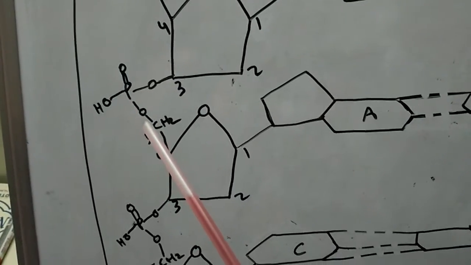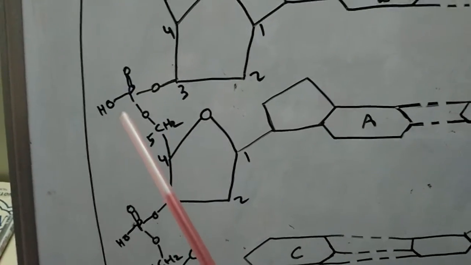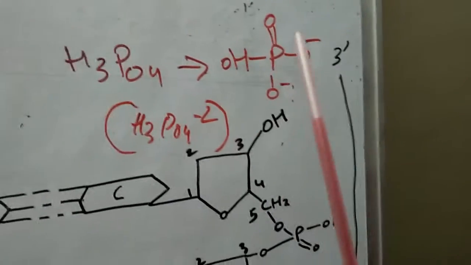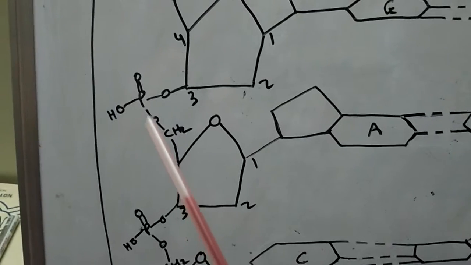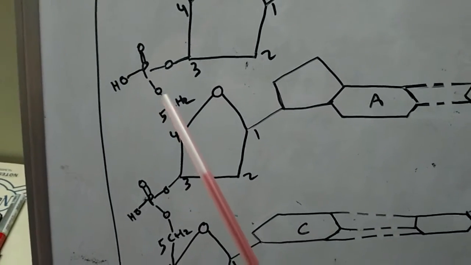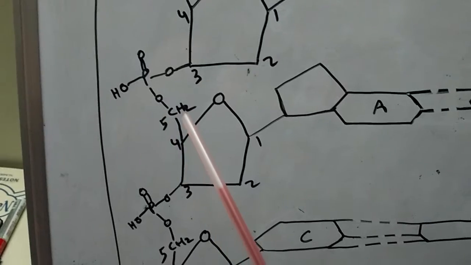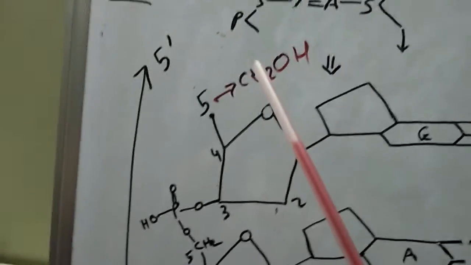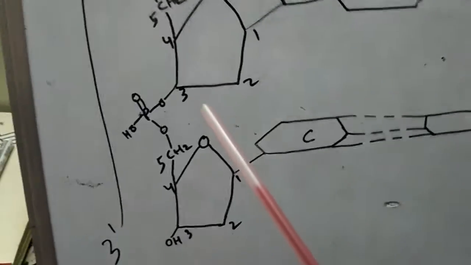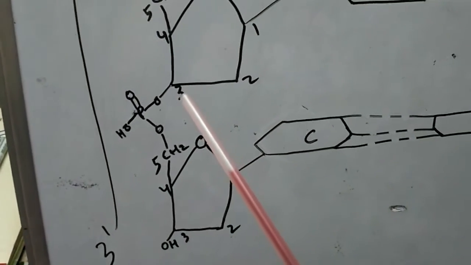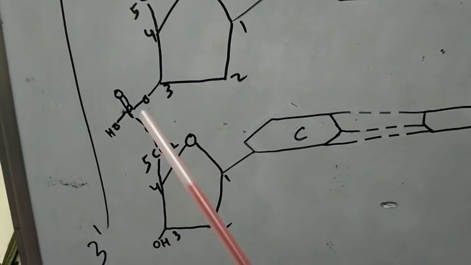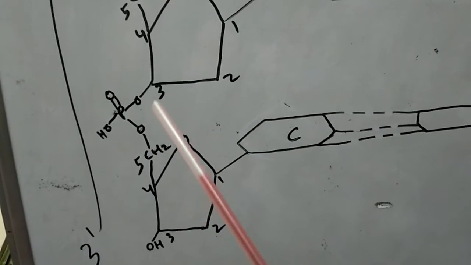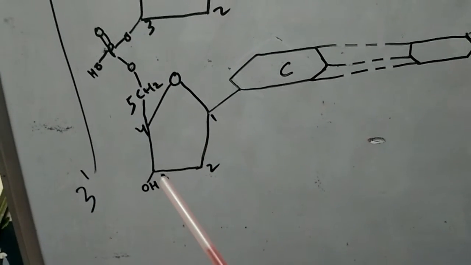Similarly, one of the oxygens which has a negative charge, if you just recall this structure here, will bond with the CH2 group with the elimination of water, that is H2O will be removed. Similarly, here also on carbon number 3 a phosphate group is attached like this, showing a phosphodiester linkage, and here we have the OH group.